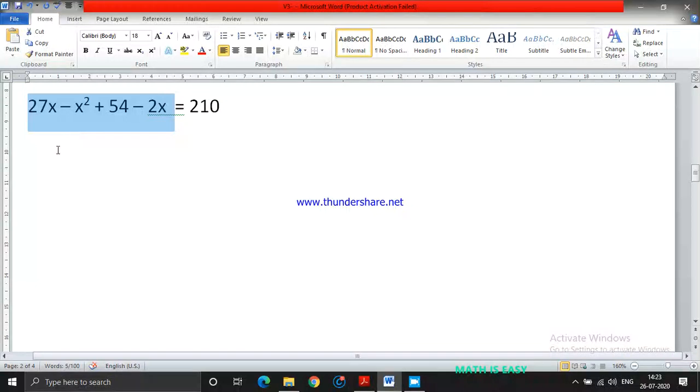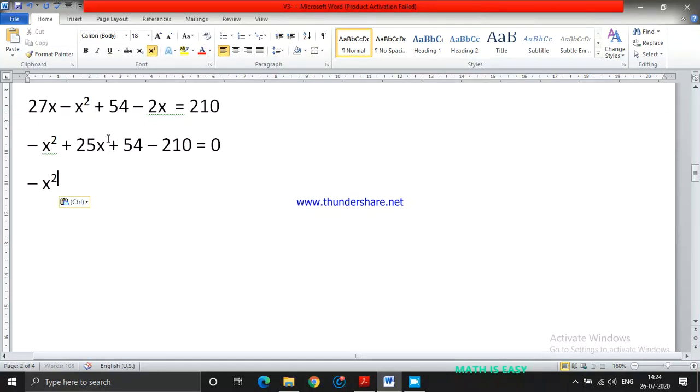Let me do one more step of simplification. This minus x square will remain as it is. You can keep minus x square here. Then 27x minus 2x will become plus 25x. Then plus 54 minus 210 is equal to 0.